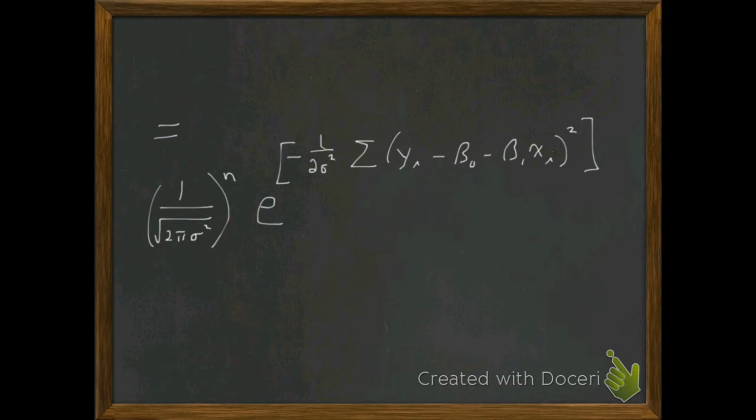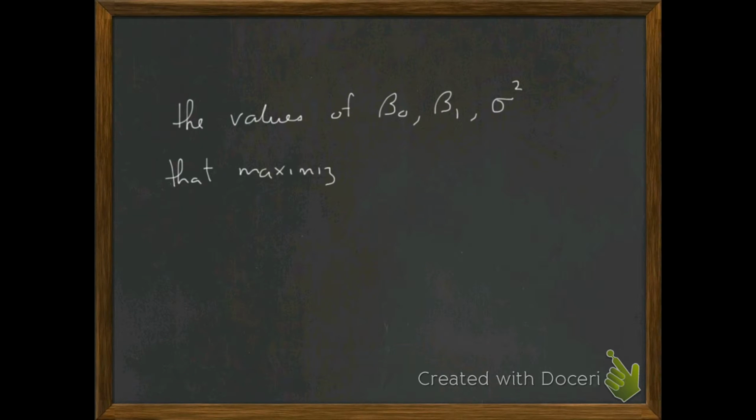Now, guys, the values of beta 0, beta 1, and sigma squared that maximize this likelihood function are the MLEs.